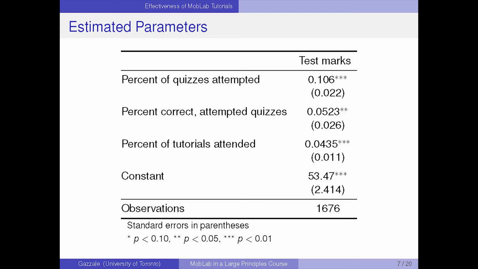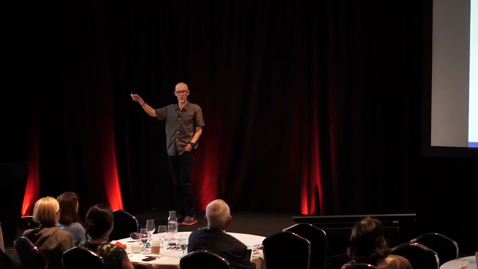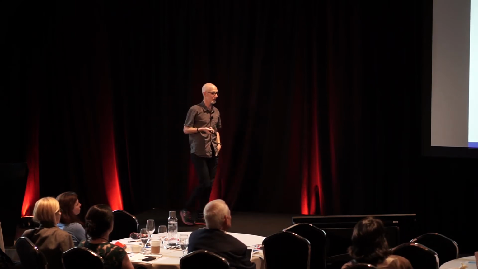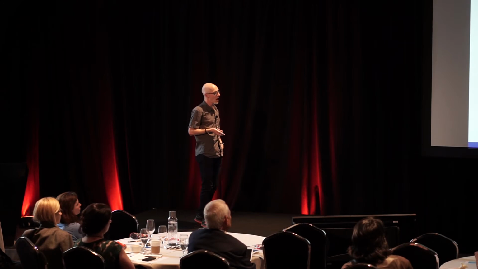What I also find is that actually attempting the quiz, even controlling for the grade on the quiz, a student attempting to solve these problems on a quiz actually improves their performance on the subsequent test, or is correlated with improved performance on a subsequent test.